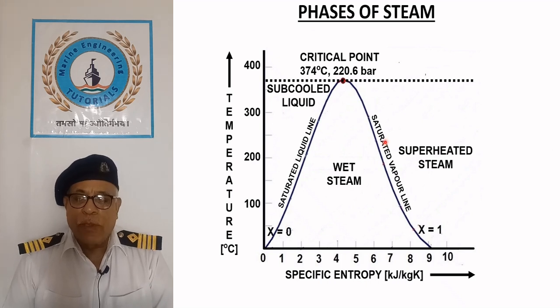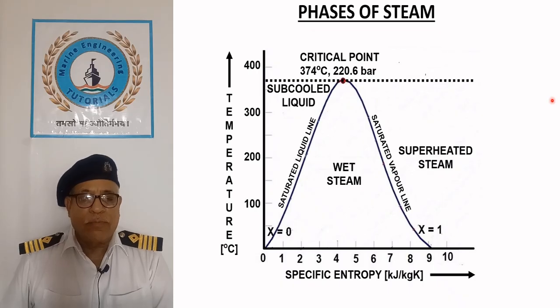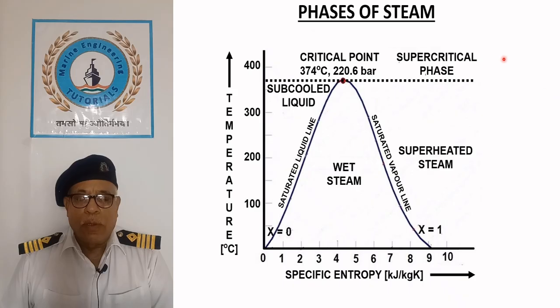Saturated steam can be superheated beyond the saturated vapor line but still below the critical point. Operation of steam in this region is referred to as boiler operation. When steam is produced above the critical point, the equipment is termed a steam generator rather than a boiler.